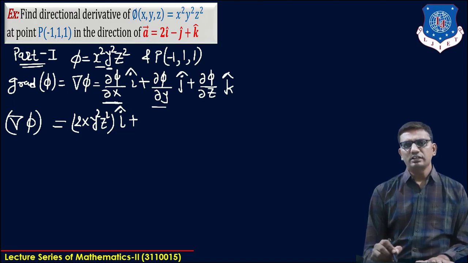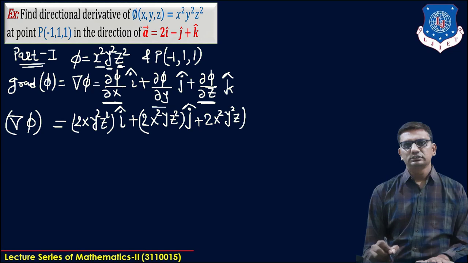Now the derivative with respect to y is 2x square y z square j caret, and the third partial derivative with respect to z is 2x square y square z k caret. Now our gradient is ready.